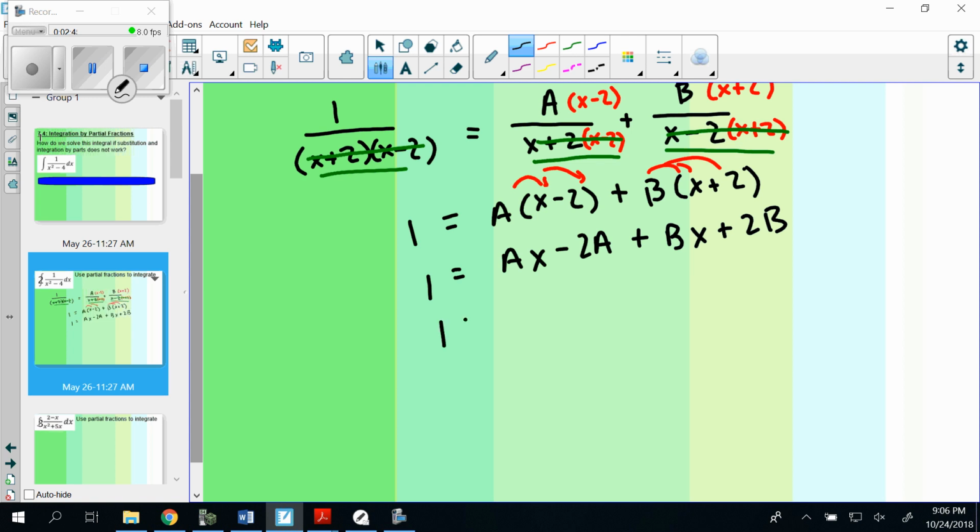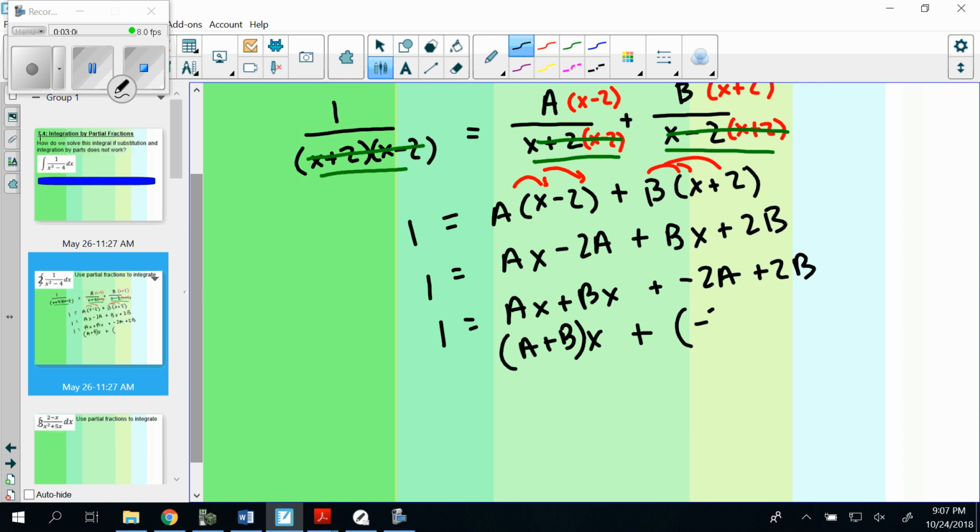So I'm going to put these two next to each other, and I'm going to write these two next to each other. Okay, and then on this one I'm going to factor out the x. So if x were to be factored out here, we would have A plus B. Okay, and then I'm going to group these two together too.